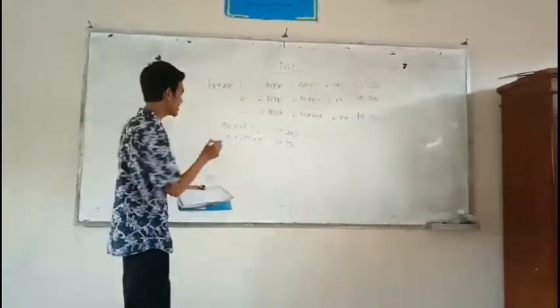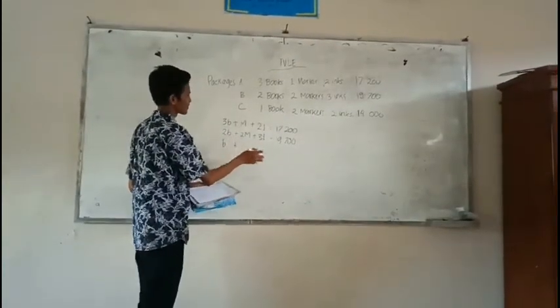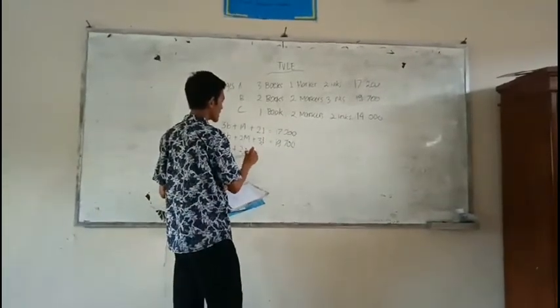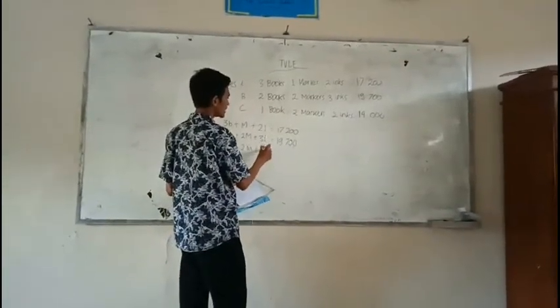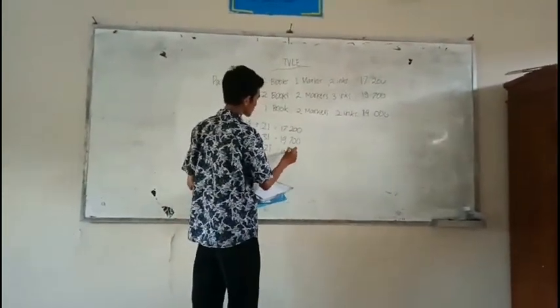And package C: b plus 2m plus 2i equals 14,000.